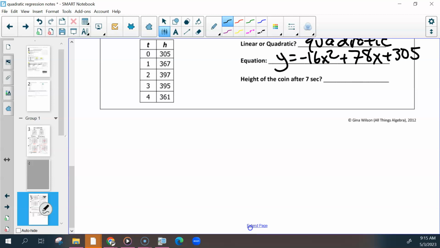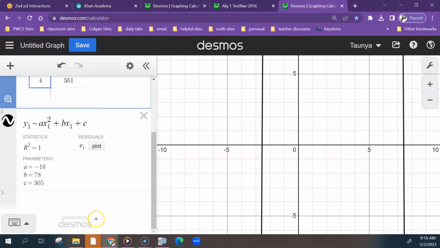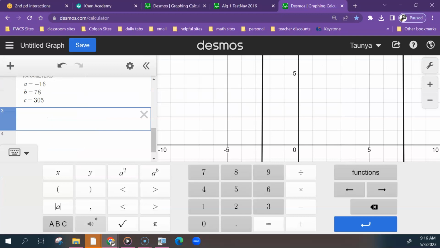But now in this one, it doesn't just ask about the equation, it also asks what is the height of the coin after 7 seconds. So this works the same. We're looking for height, which would be like our y, after 7 seconds, which is our x values. So if you're using Desmos, I can type in x equals 7.